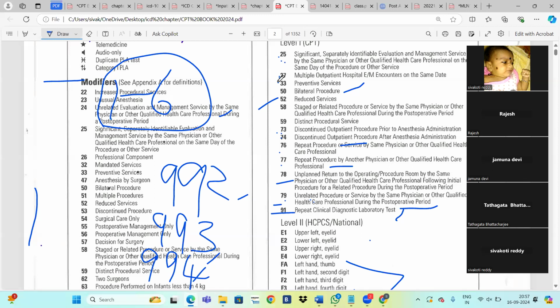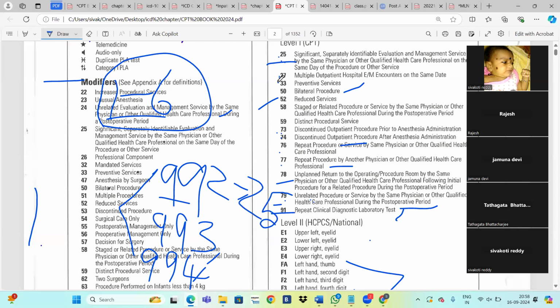At that time you need to use the 25 modifier with E and M codes, only with E and M codes. In simple terms, along with E and M they did one surgery. We are adding a 99 code and a 1 to 6 series code. At that time, for the 99 series code, you need to give the 25 modifier. Clear?